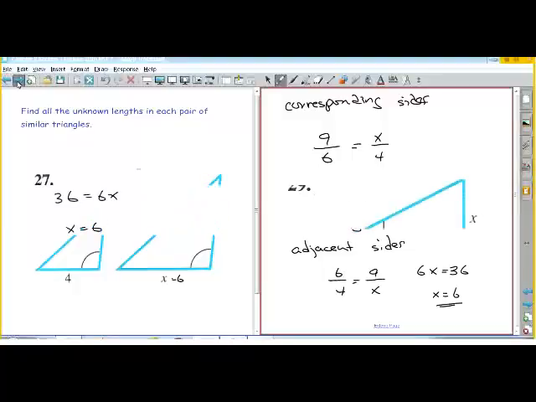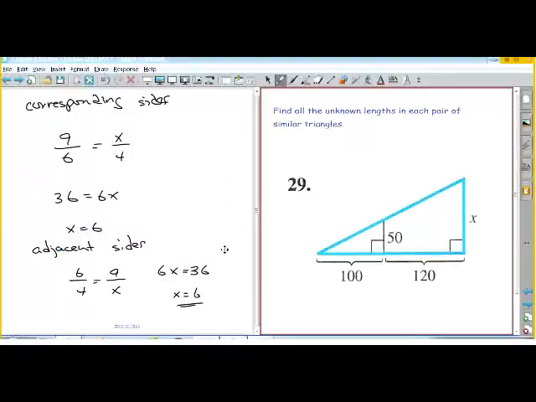I usually put one on the test that's like the next problem, and people always get it wrong. So here we have two triangles. We have a right triangle like this, and we have a right triangle like that. I'm going to tell you what people do that's wrong, and then I'm going to show you. Don't write this down.